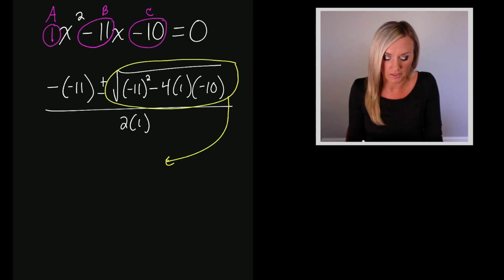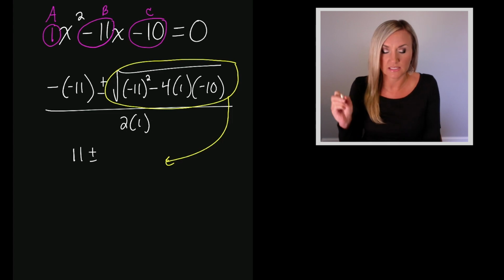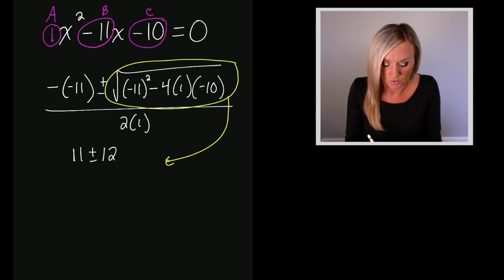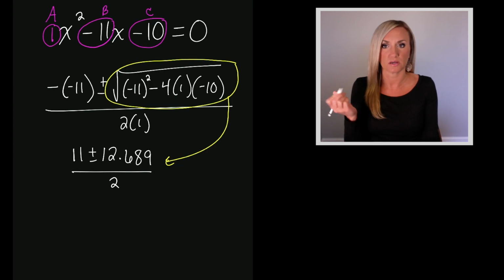That's totally okay. So let's see. We have a +11 plus or minus, positive because you have 2 negatives, plus or minus, and then all of that in the calculator, if you did it correctly, is going to give you 12.689 all over 2, because it's 2 times 1.